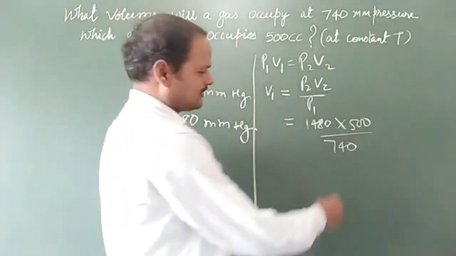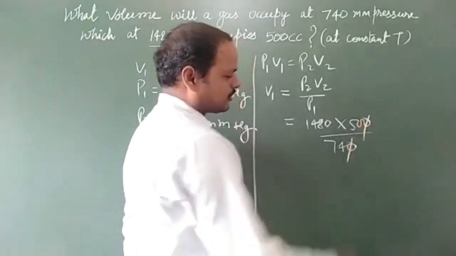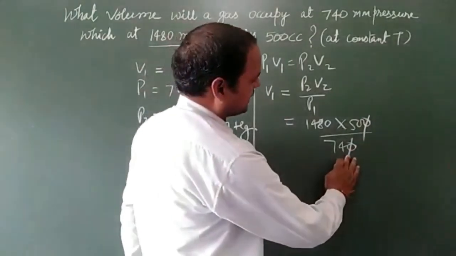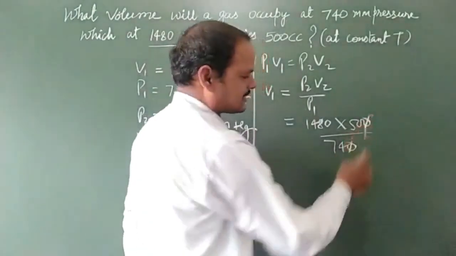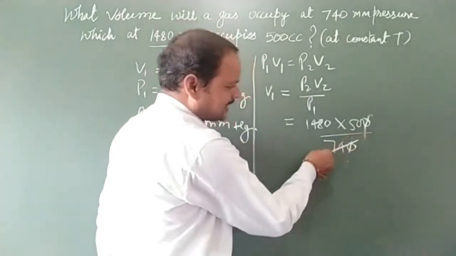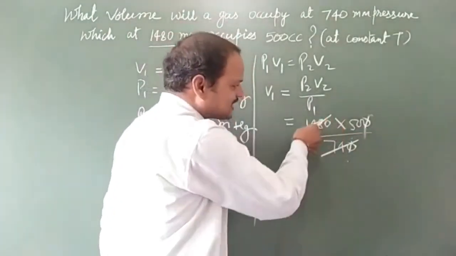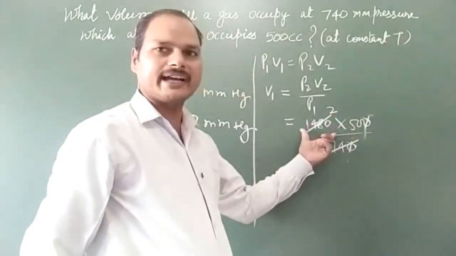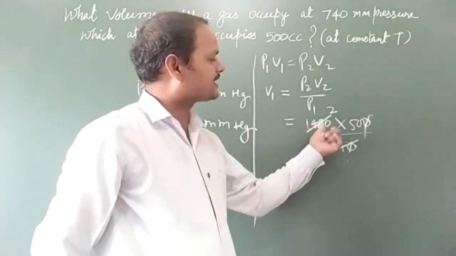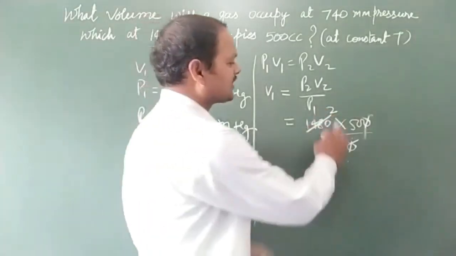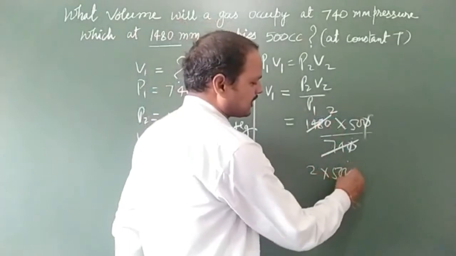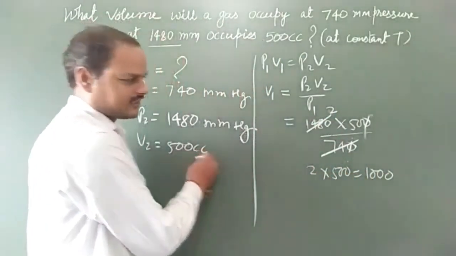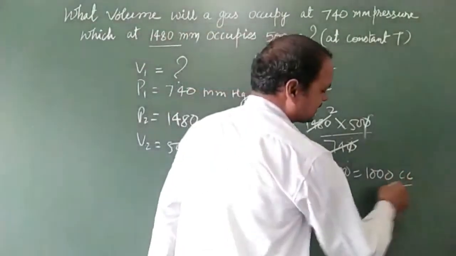Now divide it, cancel 0 by 0, and here we can simplify it. If we do not cancel 0, then we can divide 1480 by 740, which gives 2. The remaining terms will be 2 into 500, meaning 1000, and here volume is in centimeter cube, therefore this V1 will also be in cc.